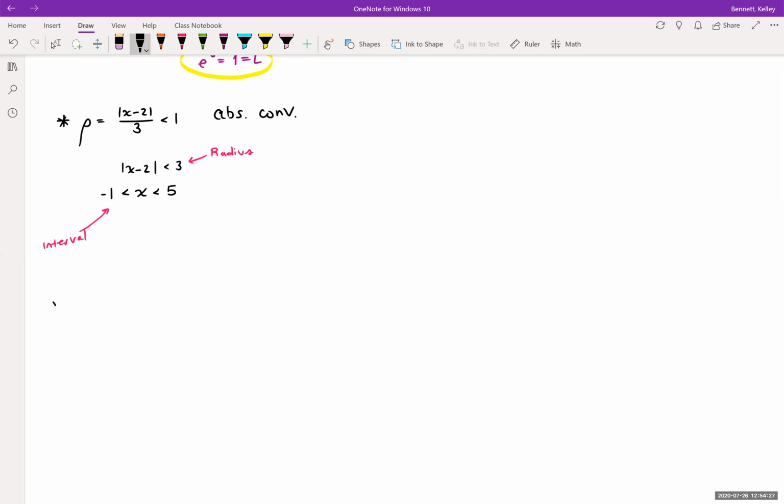We also know that if the absolute value of (x minus 2) over 3 is greater than 1, then we get divergence. So anything outside of -1 to 5 diverges. Here's kind of what we've constructed so far. We're centered at 2, then we have 5 and -1.